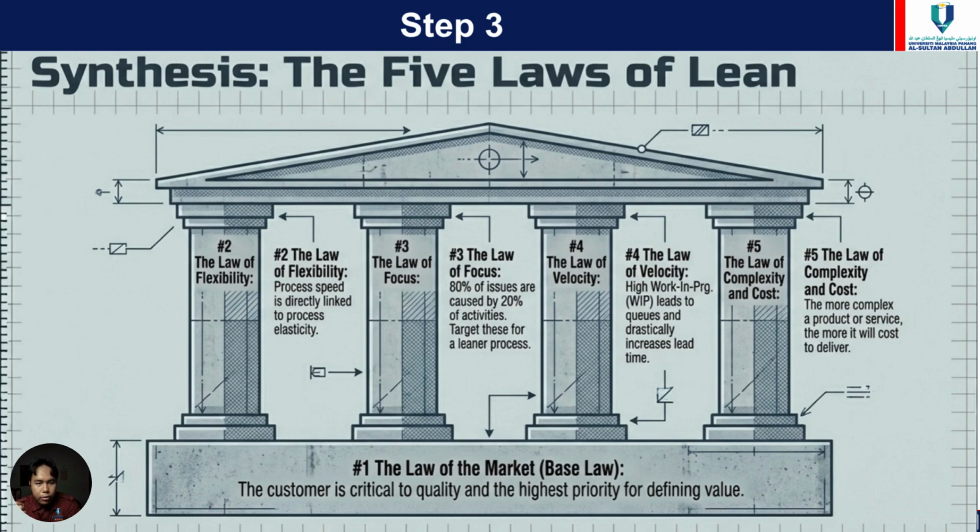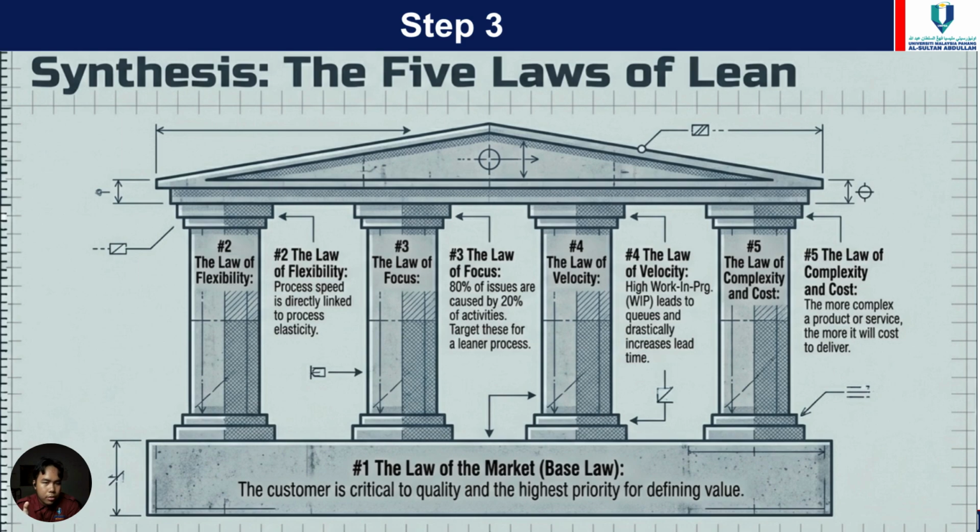But we need to look at the second law, the law of flexibility, where the process speed is directly linked to process elasticity. So the process must be flexible. It can adapt to anything; it is durable to any change of variable.